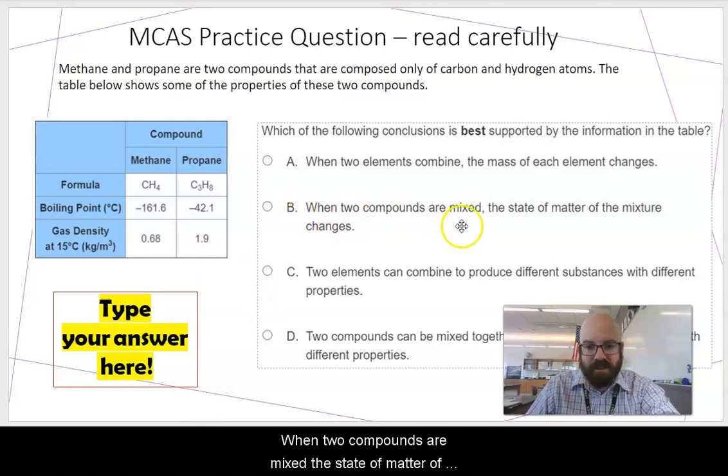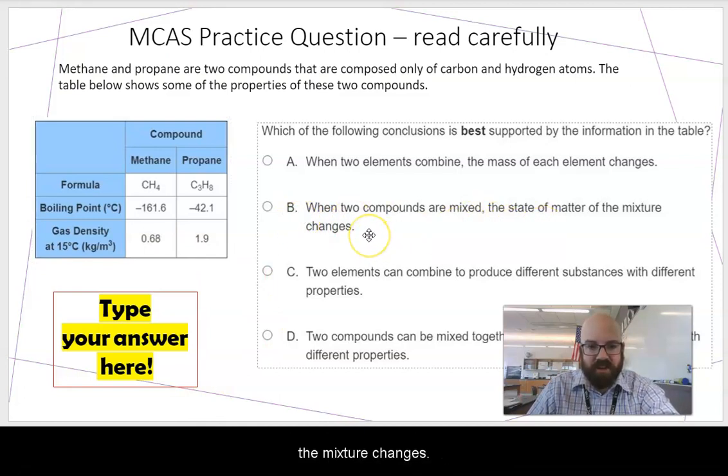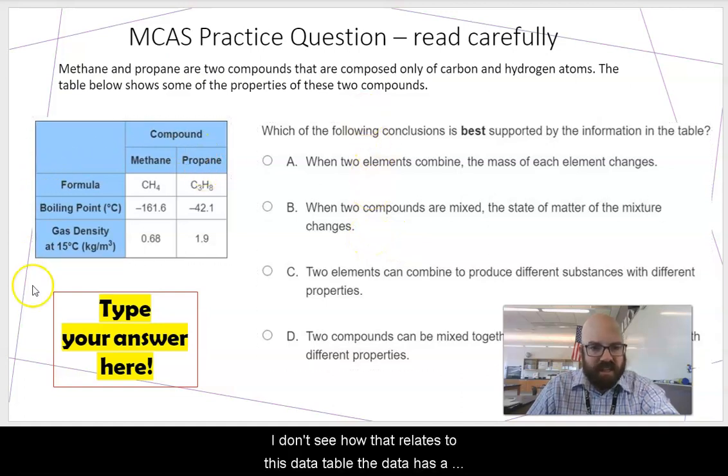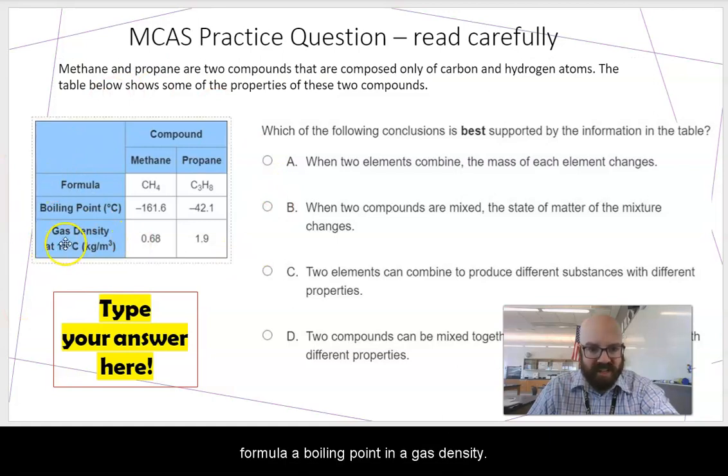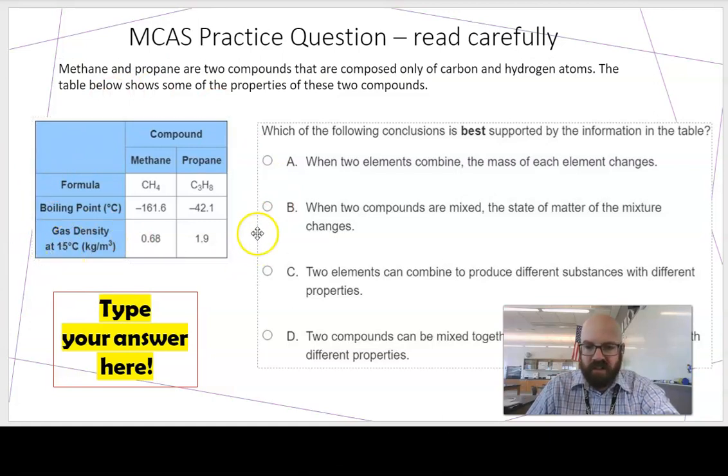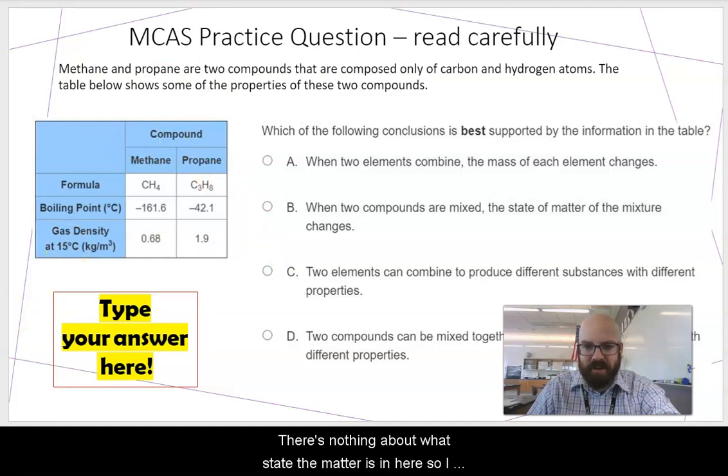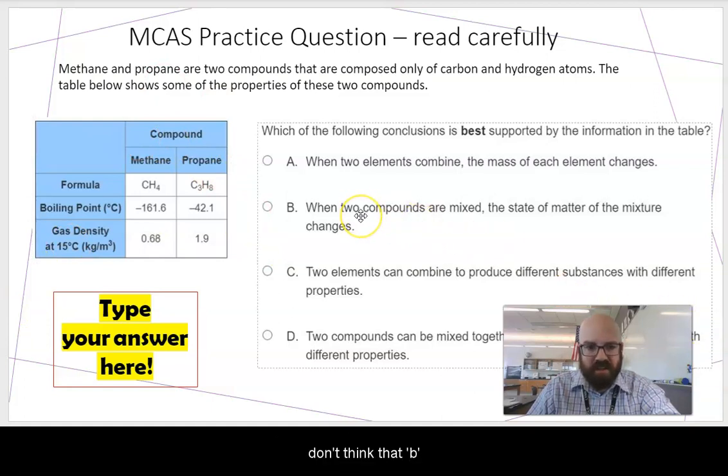B: when two compounds are mixed, the state of matter of the mixture changes. I don't see how that relates to this data table. The data has a formula, a boiling point, and a gas density. There's nothing about what state the matter is in here, so I don't think that B can be determined by what is provided to me.